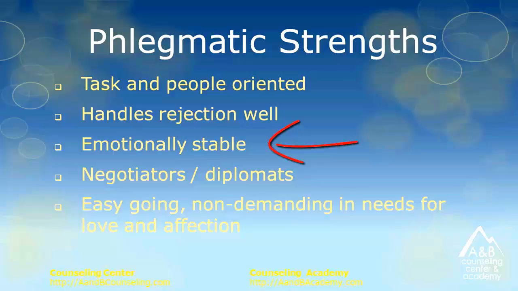Very peaceful, emotionally stable people for the most part, as you might expect. They're very good negotiators and bringing peace to situations, very diplomatic, and tend to be easygoing, non-demanding in terms of needs for love and affection. So pretty much even keel describes them.